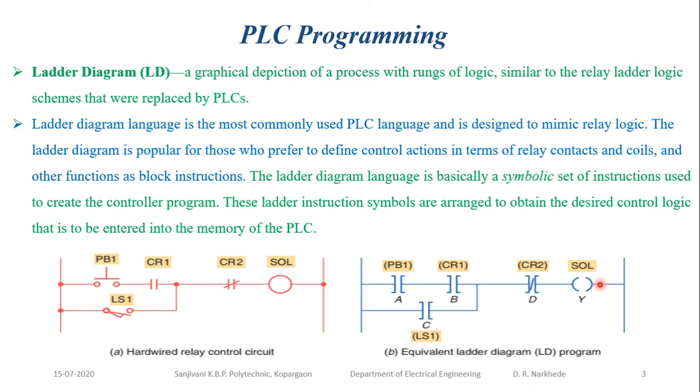So this is the basic program of your ladder language, in which we simply use the NO contact and one push button, one control relay contact. This is for safety purposes, and this is the solenoid valve, which can also be energized using the limit switch, and we have discussed the OR logic here.